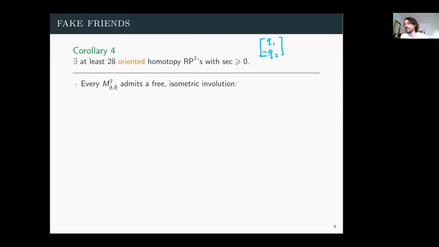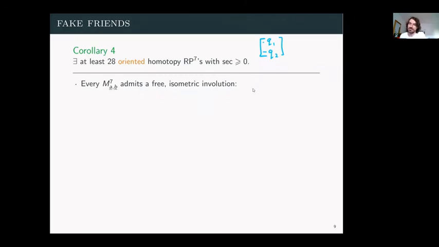So this is an action of Z mod 2 on S3 cross S3 that descends to each of the biquotients and is free. And it turns out that this action of Z mod 2, together with the action of Z mod D for all possible D odd that are allowed for any one of our manifolds M7AB, is still free. So in fact, we also get fake lens spaces with even orders, which are 2 mod 4.